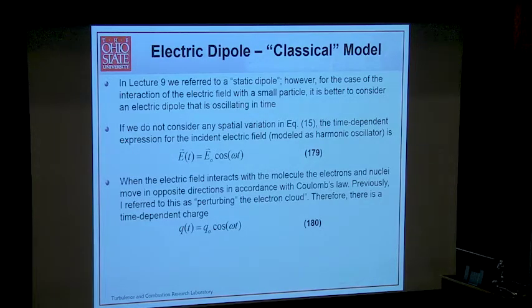Now, when the electric field interacts with the molecules, our protons and our electrons have to move in accordance with Coulomb's law, okay? I called this previously perturbing the electron cloud. Really what you're doing, if you think about this, is we have this oscillating electric field that's coming in. What is the electric field?